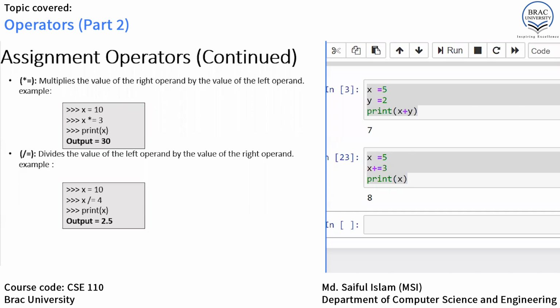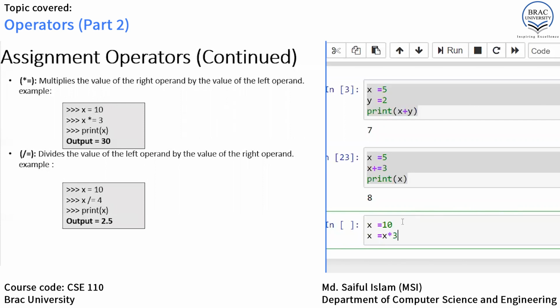Now let's see how the assignment operator performs for multiplication. In this case we have a value 10 in x. Similar to before, we will try it for the arithmetic operation first. So x equals 10, then x equals x multiplied by 3.